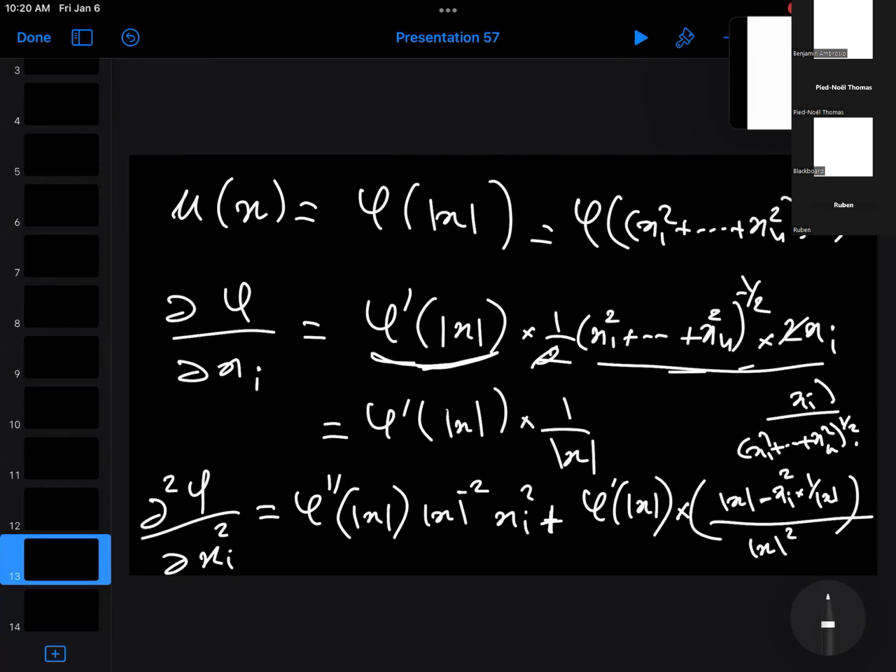This term doesn't depend on i, so when I sum up from i equals 1 to n, I will get n times.